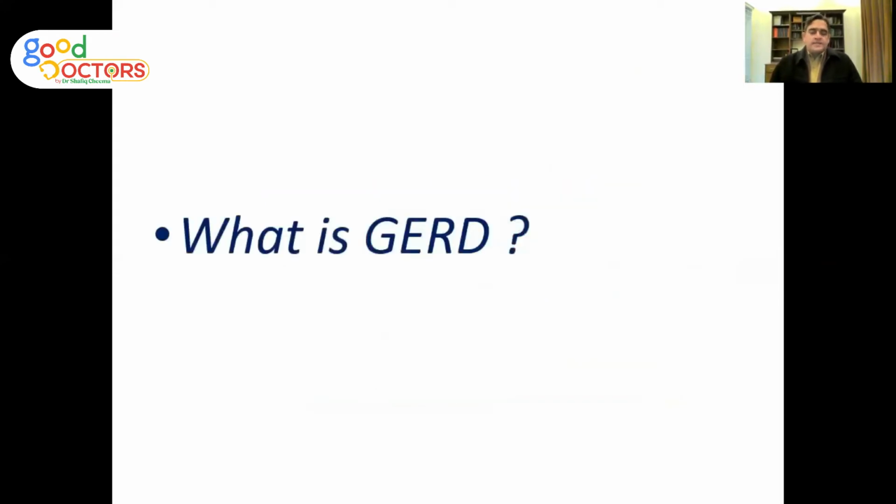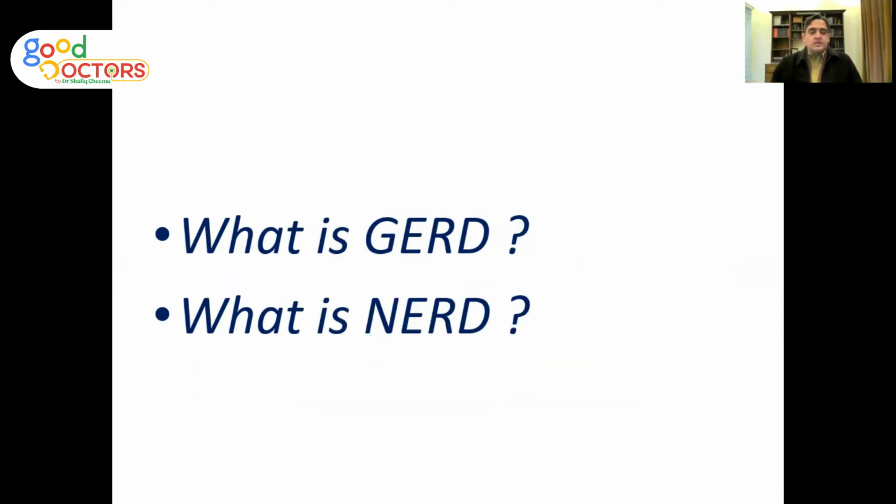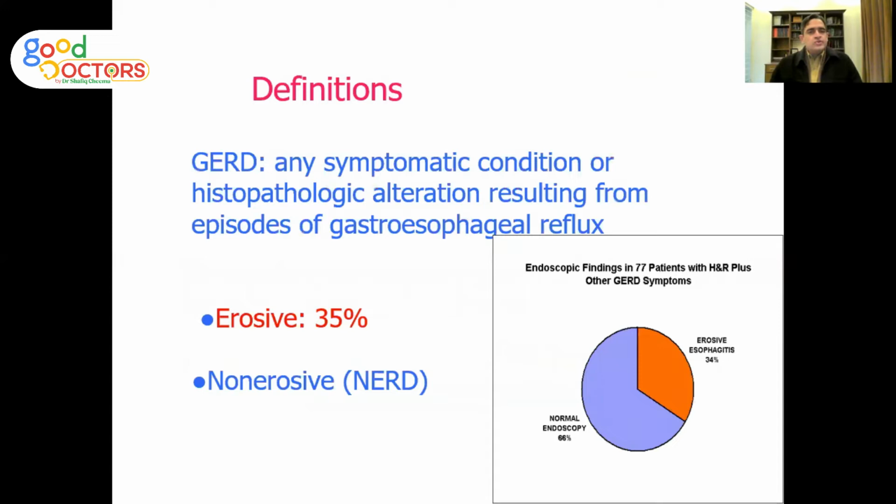Now, what is gastroesophageal reflux disease? Whenever I talk about this term, there is another term, NERD, non-erosive reflux disease. By definition, gastroesophageal reflux disease is either a symptomatic condition or a histopathological alteration resulting from episodes of reflux.